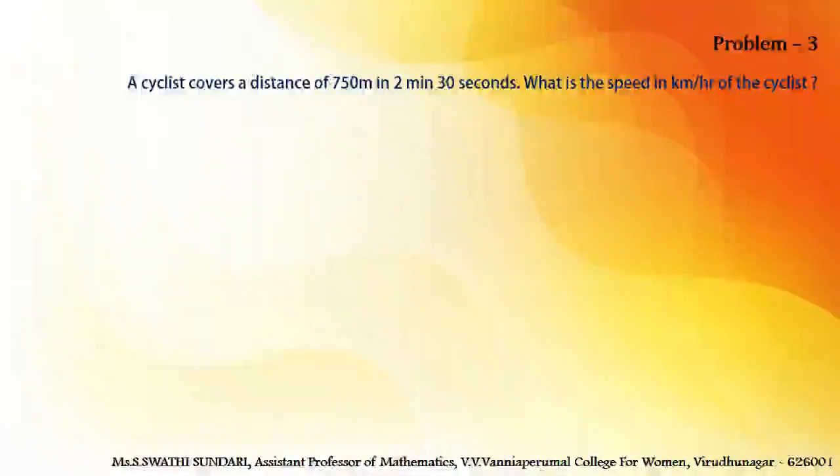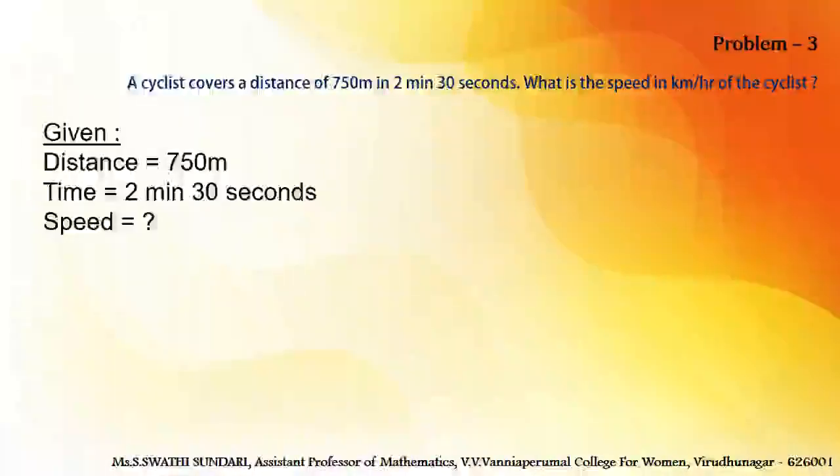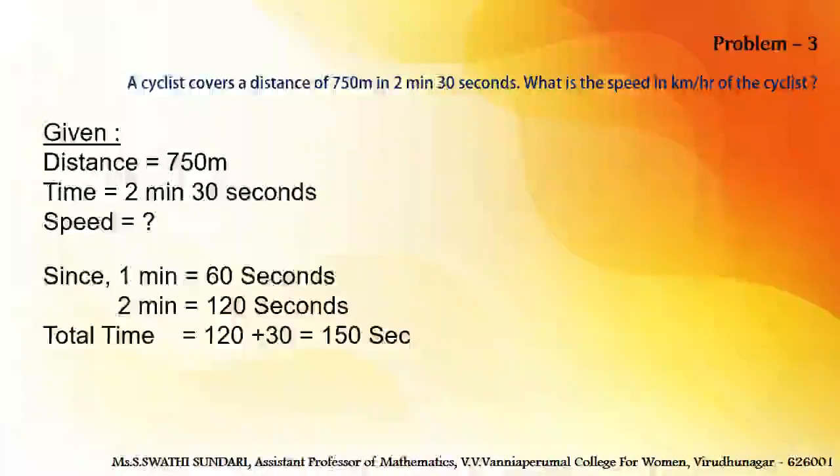As usual, we write down the given: distance is 750 meter and time is 2 minutes 30 seconds, and we're going to find the speed. Since the time is in 2 units, we can convert it into one single unit. Since 1 minute is equal to 60 seconds, 2 minutes is equal to 120 seconds. So the total time is 120 plus 30 seconds, which is equal to 150 seconds.